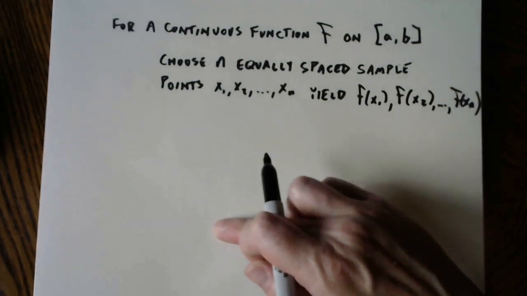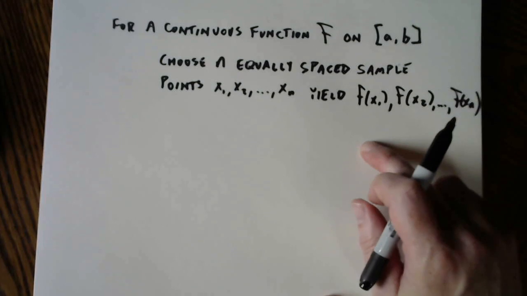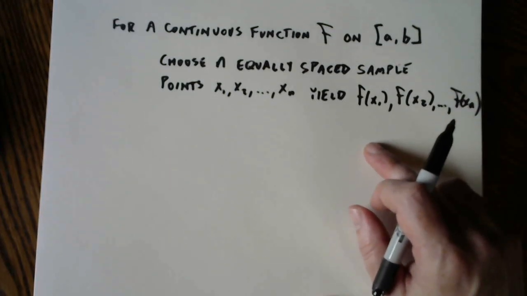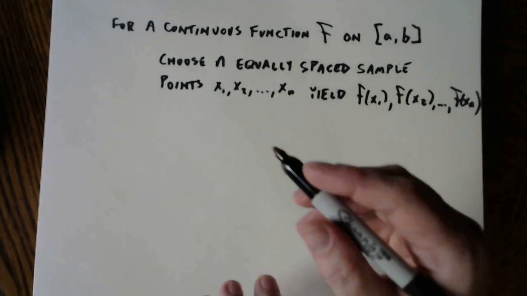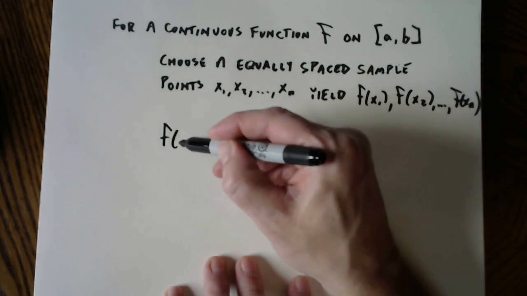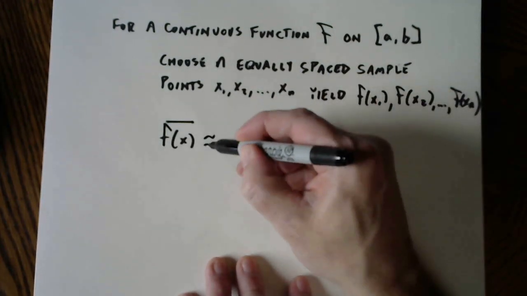Okay, so we have x values yielding function values. So if I have a continuous function, maybe I choose 5,000 data points. And that would give me, using again the bar, my average of the function. That'll give me a nice approximation.